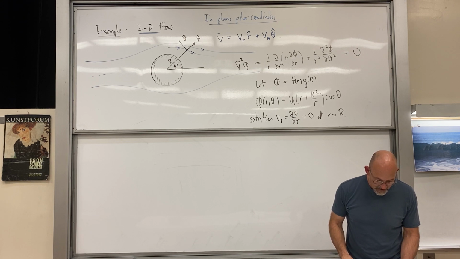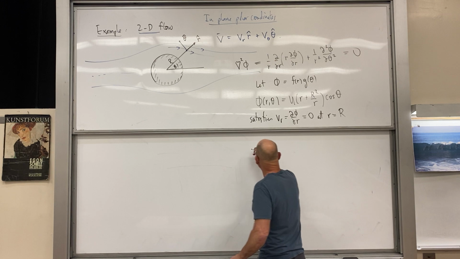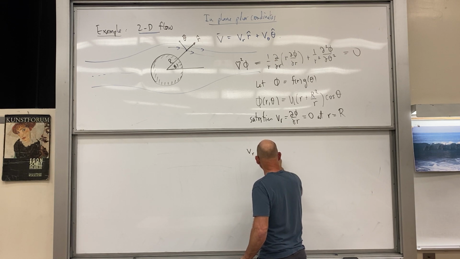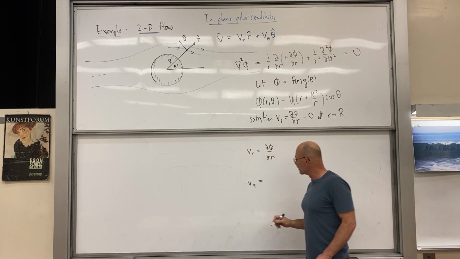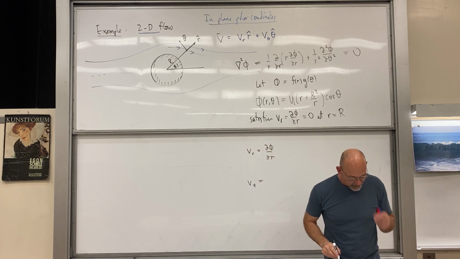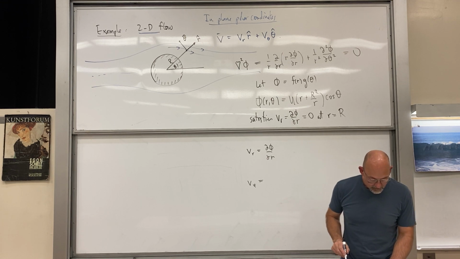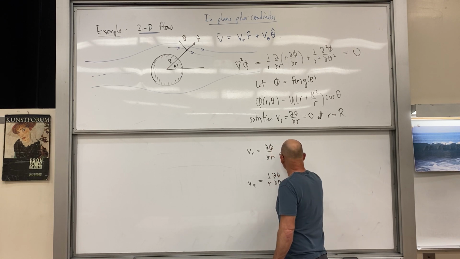This one satisfies the boundary conditions. So we have v sub r equal to d phi/dr, and v sub theta equal to 1 over r d phi/d theta. So let's write those down.